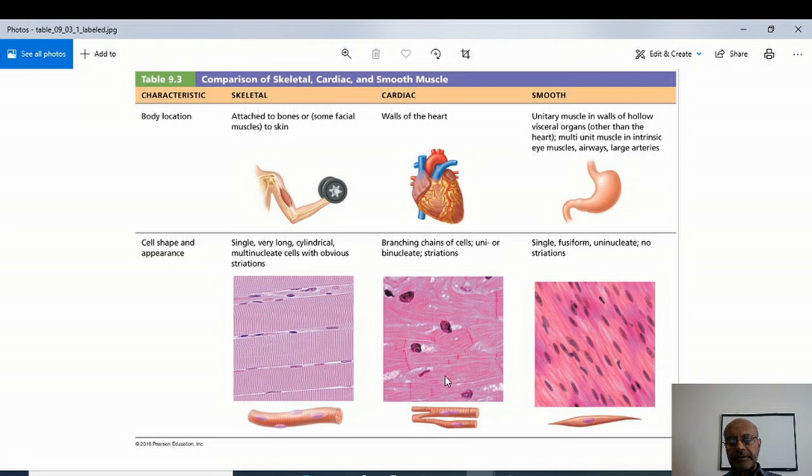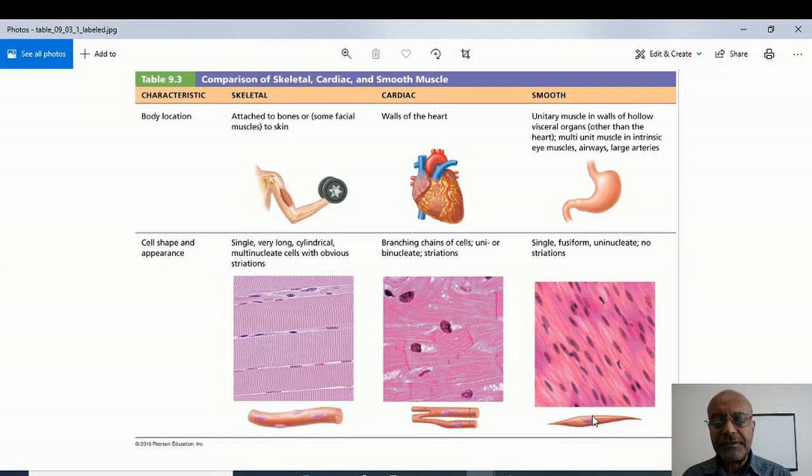Here is a nucleus, a nucleus, a nucleus, a nucleus. Usually, a cardiac muscle cell has one nucleus per cell, but rarely there can be more than one nucleus in one cell. In the case of a smooth muscle cell, only one nucleus per cell.